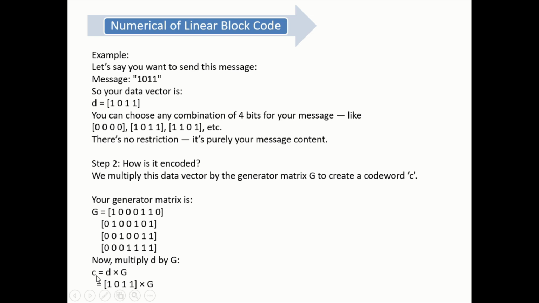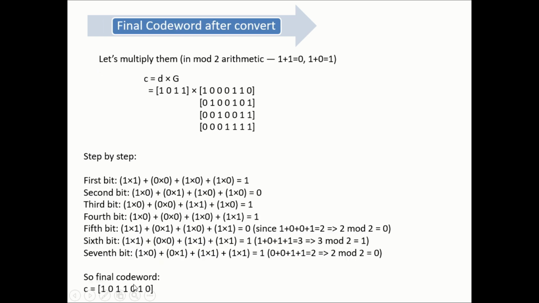So now here you can see C equals D cross G, with D being 1011. In the next slide you can see 1011. The first bit created is 1, then the second bit 0, then 1, which are placed as they are if only a 1 or 0 is there. If more than one 1 is there, then we have to use modulo 2.